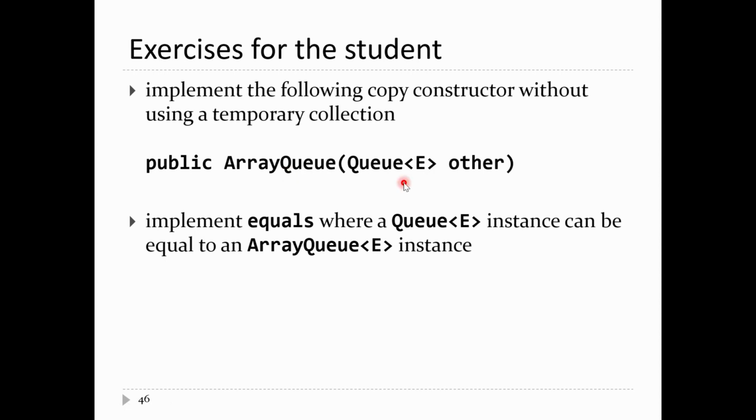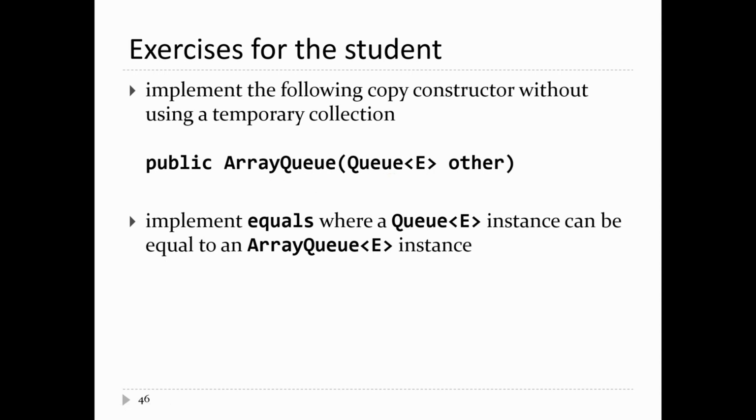Now the challenge with implementing this method is that you don't know how this other Q has been implemented. You don't know if it's a list, if it's a linked sequence of nodes, if it's an array, or if it's something else.